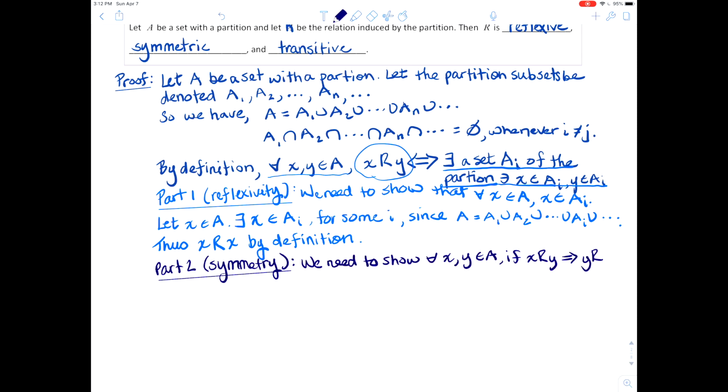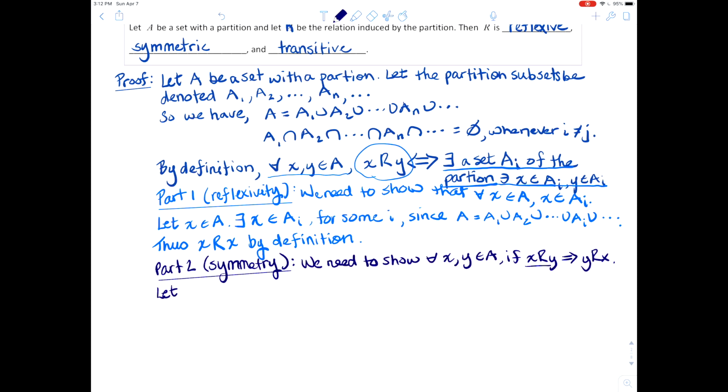Y R x. So this time we're going to assume that x and y belong to A, and we're going to assume x R y. Cool? So let's set it up.